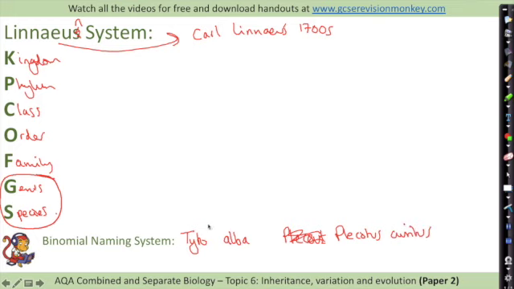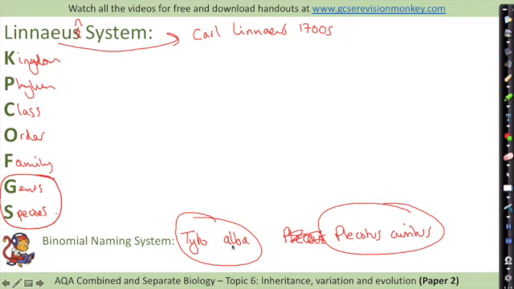And every single organism on Earth is written as a binomial system. Bi, like bicycle, meaning it's made up of two parts, is made up of its genus and its species. So what Carl Linnaeus did is he looked at all the characteristics on the animals, things like whether they had a backbone, things like whether they produce milk.